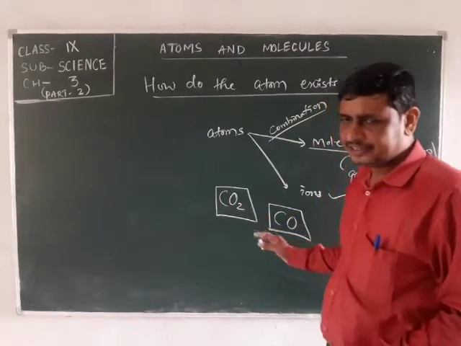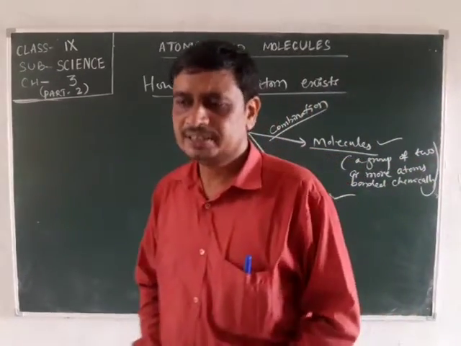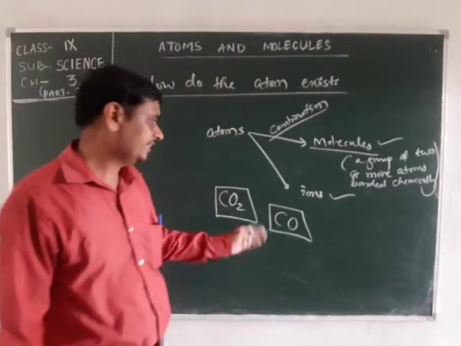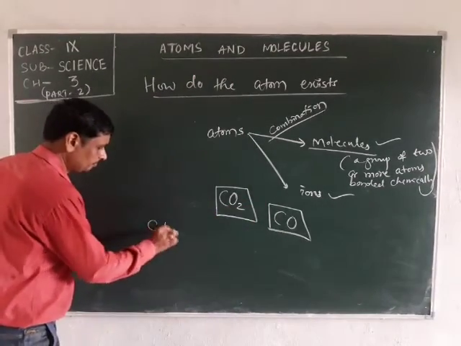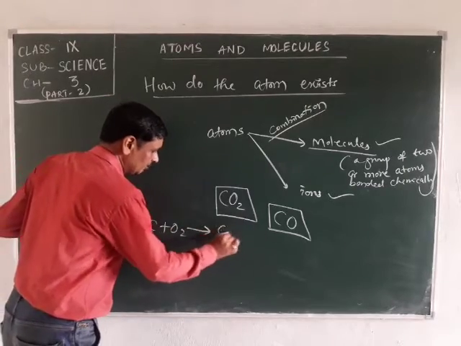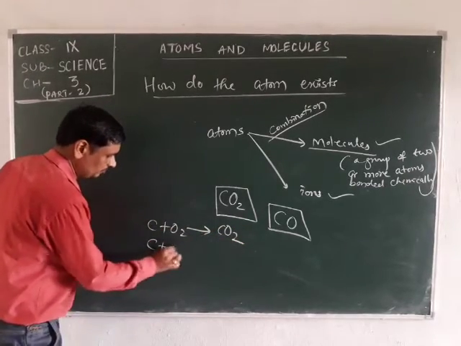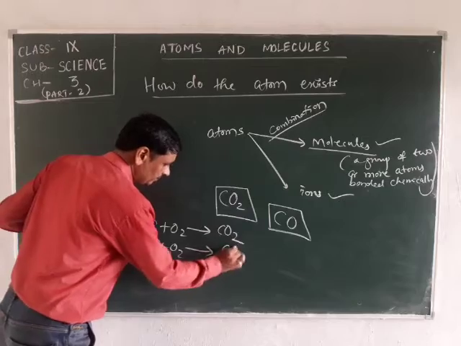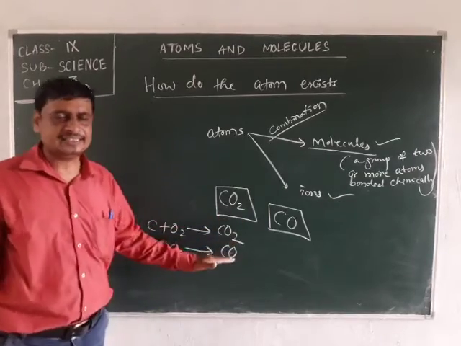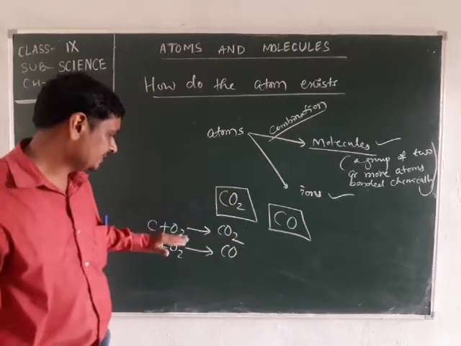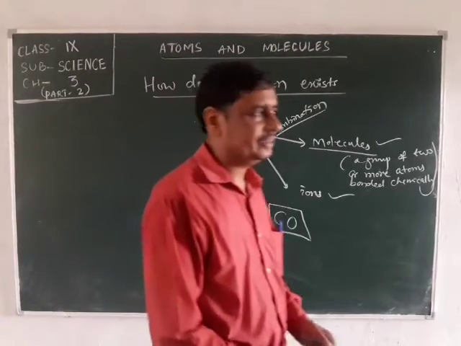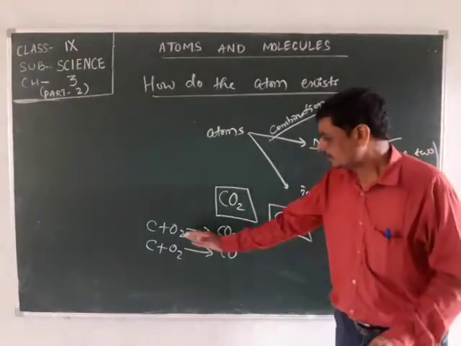In these cases, the atoms combine chemically. A chemical reaction happens, like carbon plus oxygen gives carbon dioxide, and carbon plus oxygen gives carbon monoxide. In different conditions, the same reactants, carbon and oxygen, give different compounds.